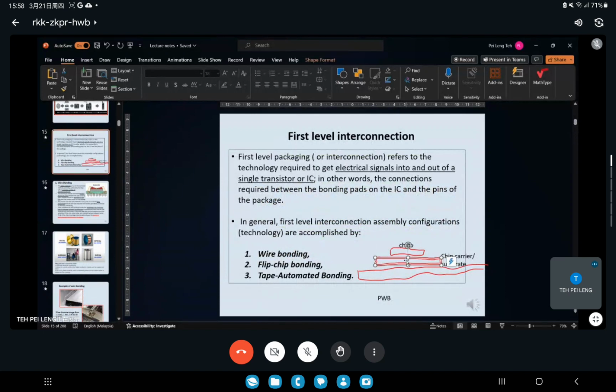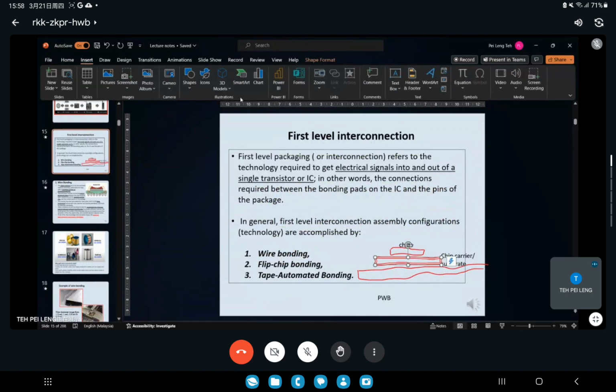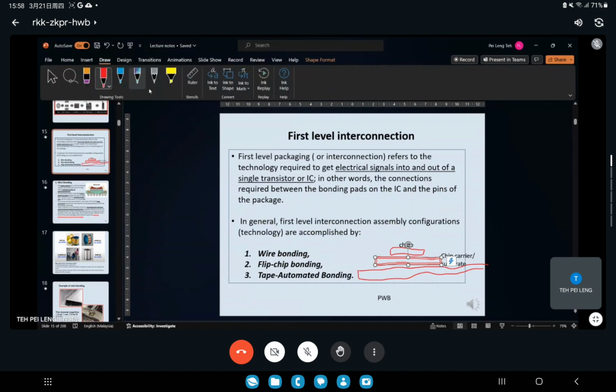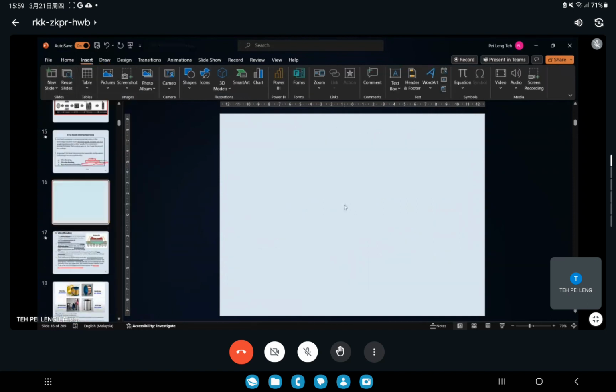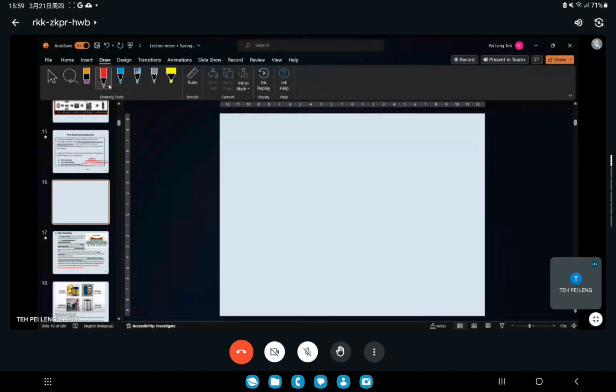So this one from the top view is like this, right?